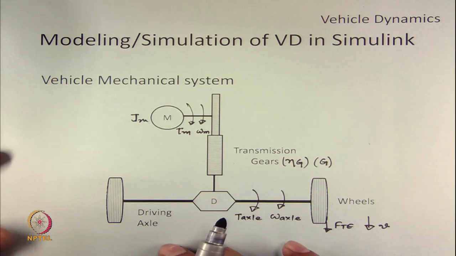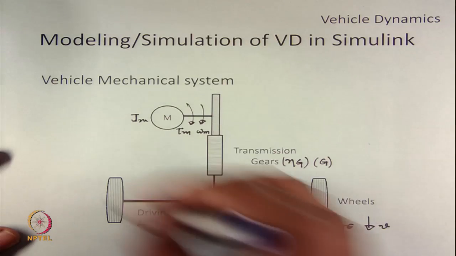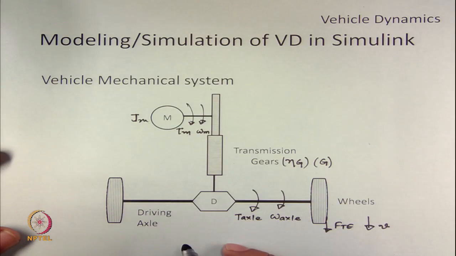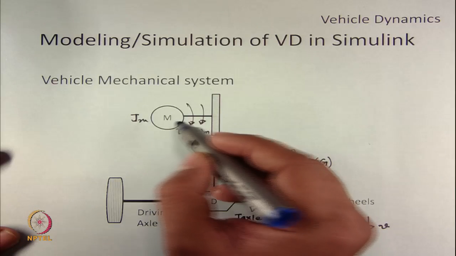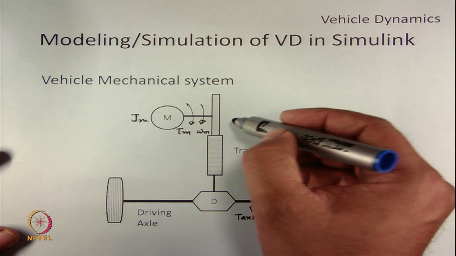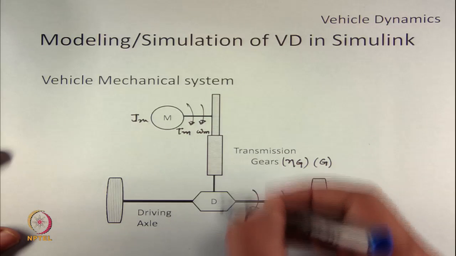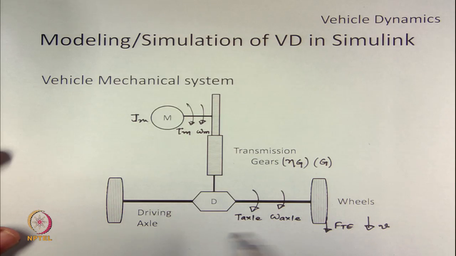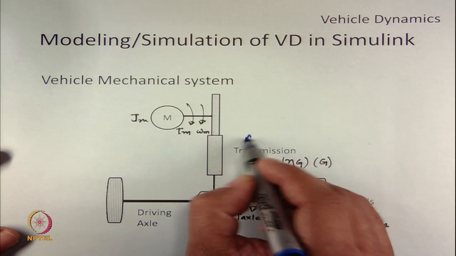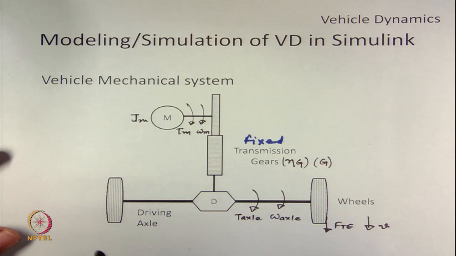As discussed, we have seen the diagram of a vehicle mechanical system, where an electric motor drives a fixed gear system which is connected to the differential and to the wheels via a driving axle. So, this is basically a fixed gear system. Let us assume that the tractive effort on the wheels is Ft, which is driven at velocity v.